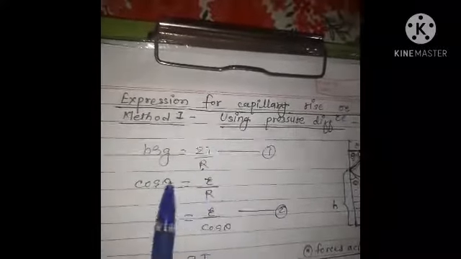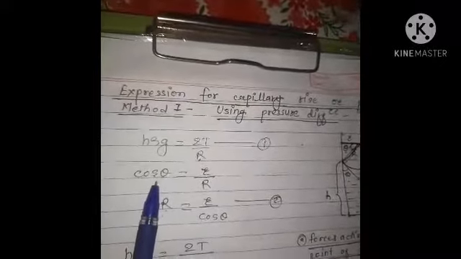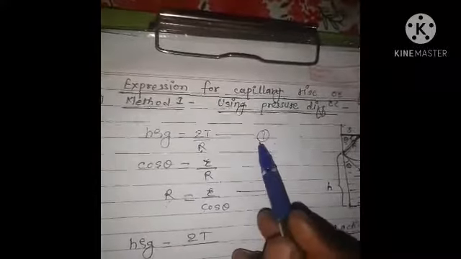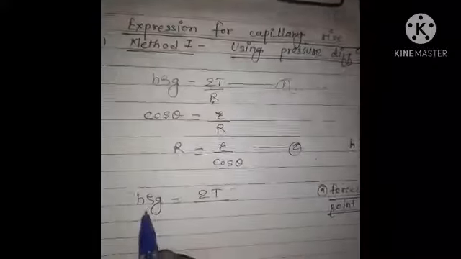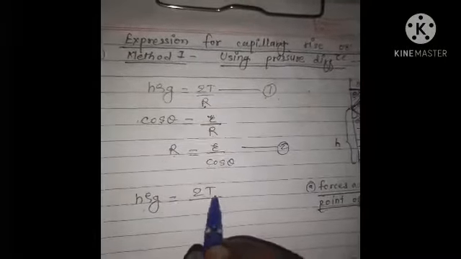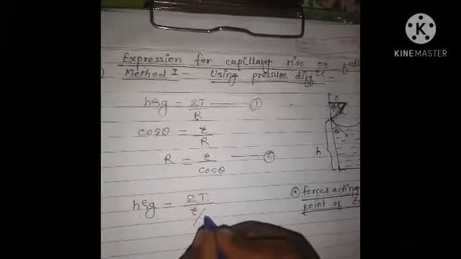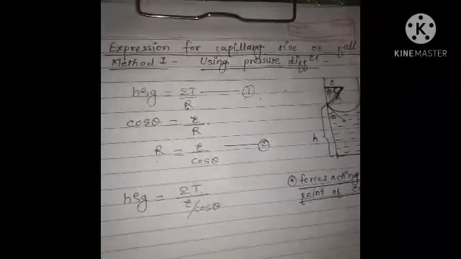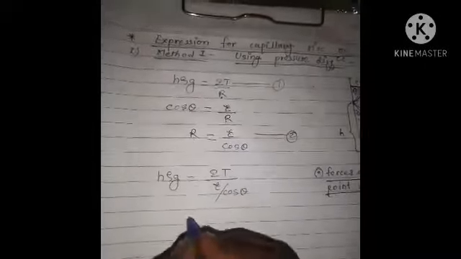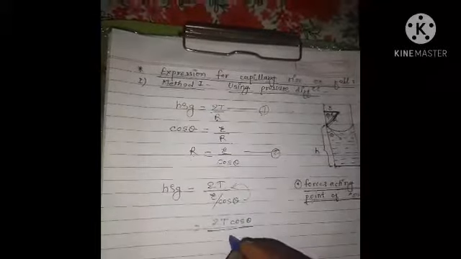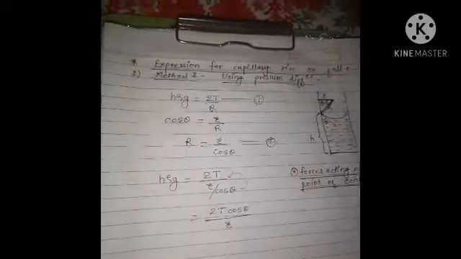We have exchanged R with r by cos theta. Now putting this value in equation 1, we get h rho g is equal to 2T, and capital R means, from equation 2, small r divided by cos theta. Thus 2T and cos theta is transferred to the numerator and we get divided by r.